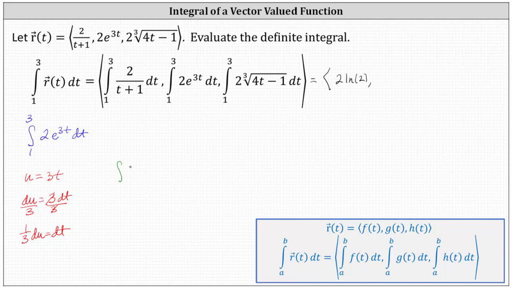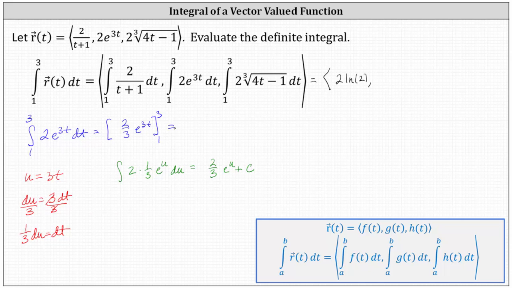We still have the 2, and then dt is equal to 1/3 du. And e to the 3t is equal to e to the u, again because we let u equal 3t. Integrating, we have 2/3 e to the u plus c, which indicates for big F of t above, the antiderivative, is equal to 2/3 e to the 3t.